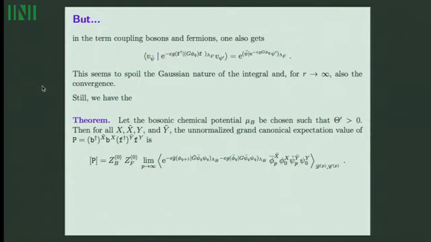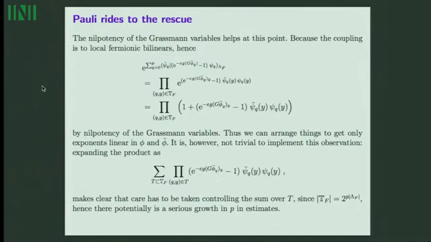Certainly you don't get it by naive expansion, but if you think about it a little bit, I use an expression that Joel Feldman used a long time ago. Pauli writes to the rescue. So basically this is not really a problem because these Grassmann variables are nilpotent, so an exponential of this type is really just the product of 1 plus these bilinears.